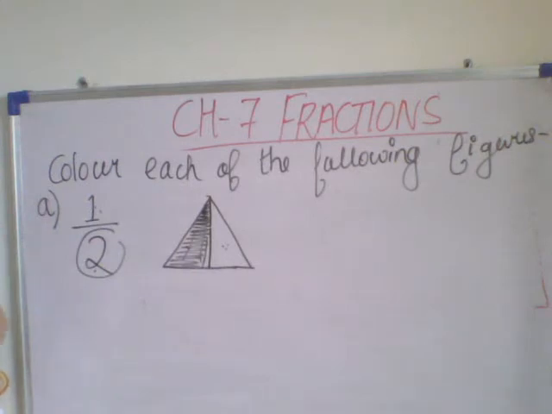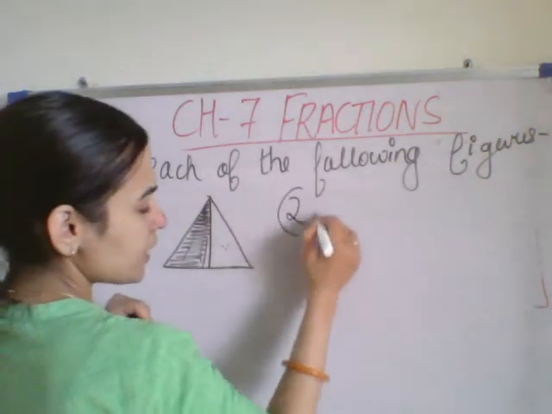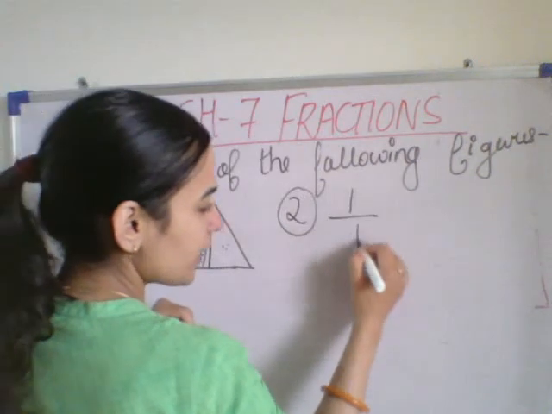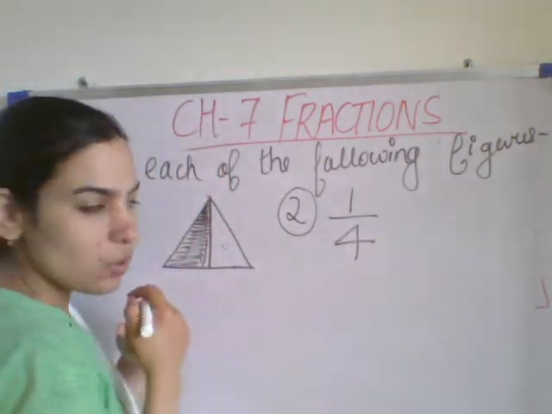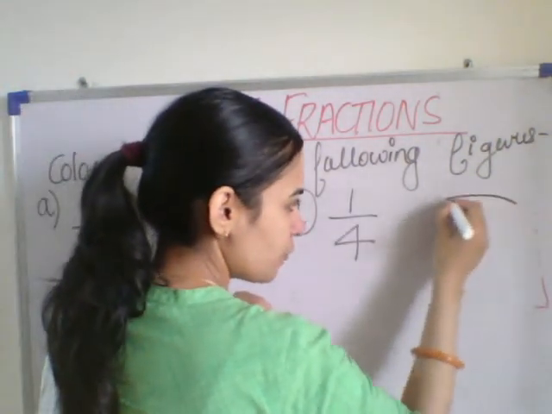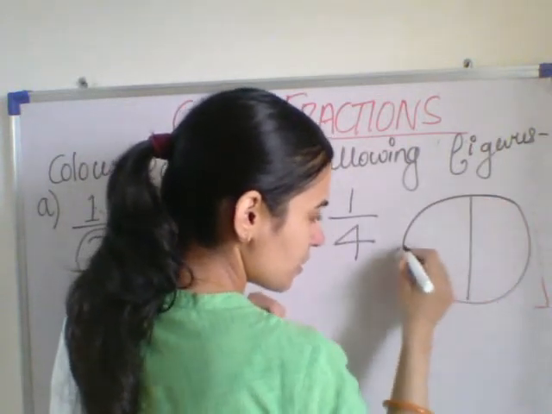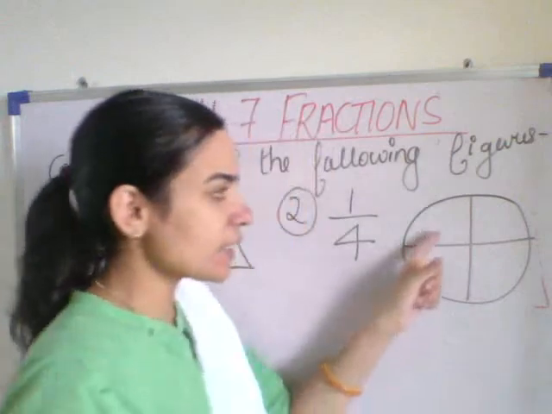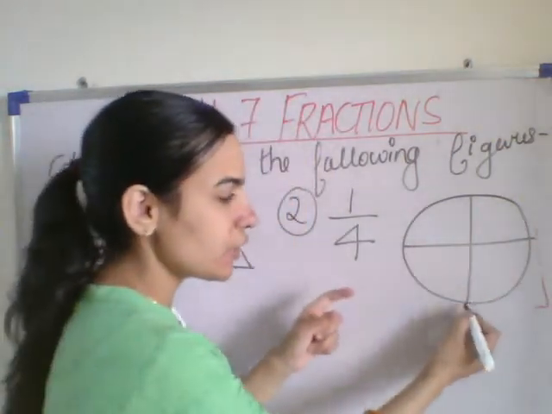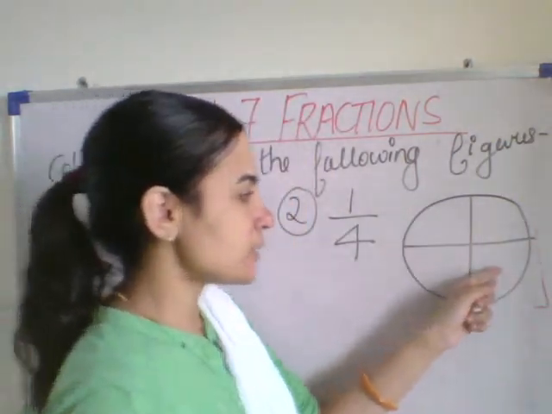Let us do the second question. In that it is written 1 by 4. You have to show the fraction 1 by 4. I am drawing here a figure. How many parts are there? The circle is divided into 4 equal parts.